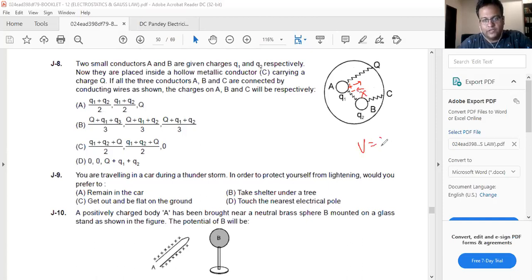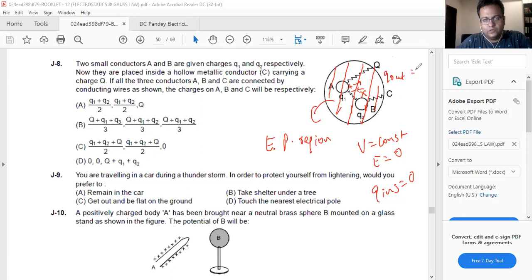Since the potential of the entire region, this entire region just becomes an equipotential region. This entire volume becomes an equipotential region. That is it. So when will this happen? When there is no charge inside. All charge will move to the outside. Okay. So how much will Q out be? It will be Q plus Q1 plus Q2.